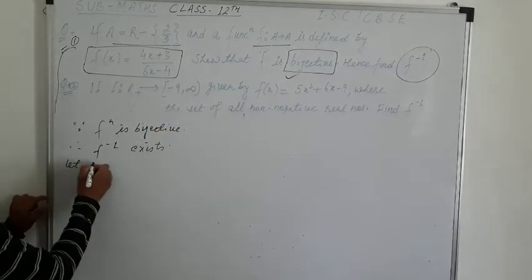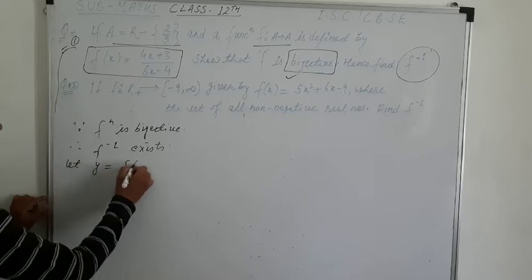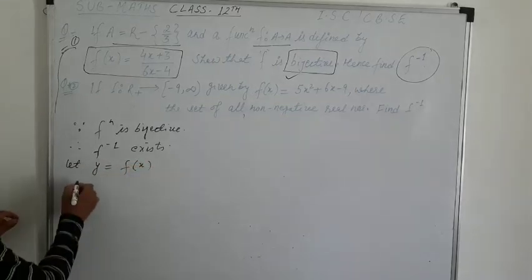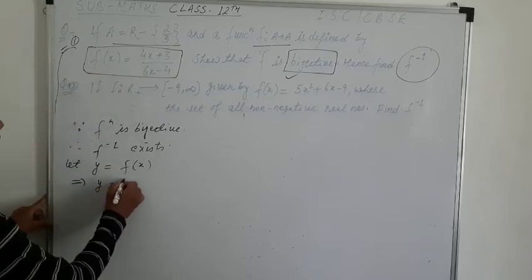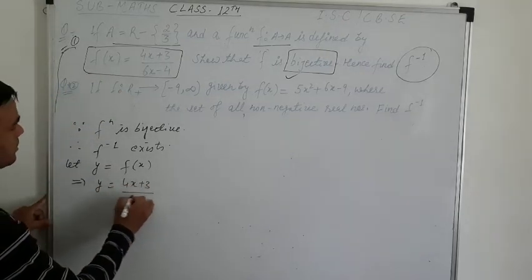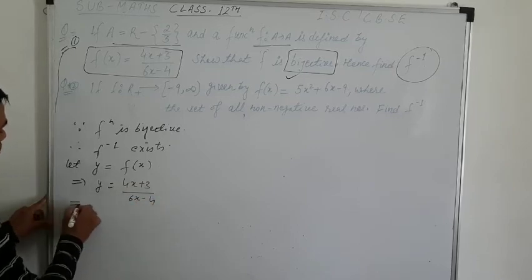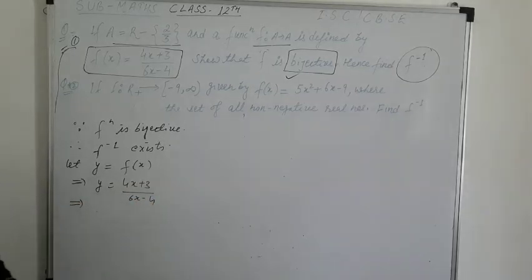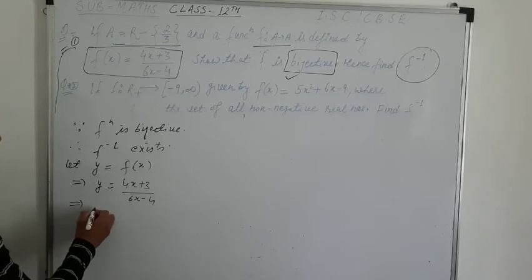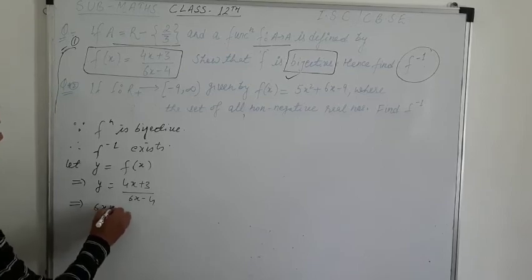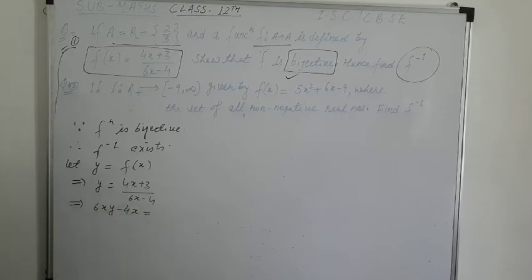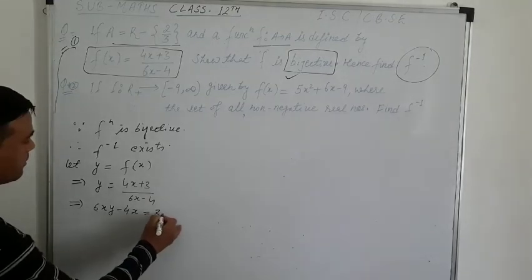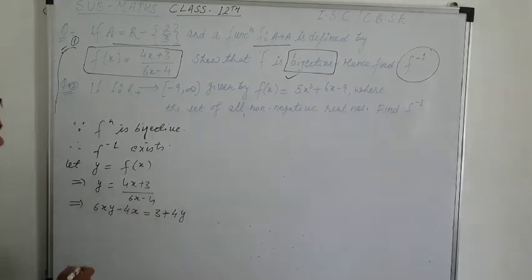And how do we find the inverse of this function? Let us take y is equal to f(x). This implies, in place of f(x) we put y again: y is equal to (4x plus 3) upon (6x minus 4). After solving, as previously we have solved this, we get 6xy minus 4x is equal to 3 plus 4y.